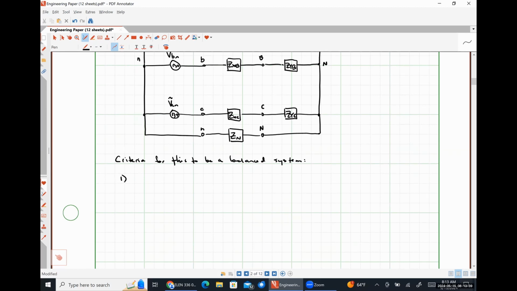In order for our source to be a balanced three-phase source, we need the magnitude of our voltages to be identical.